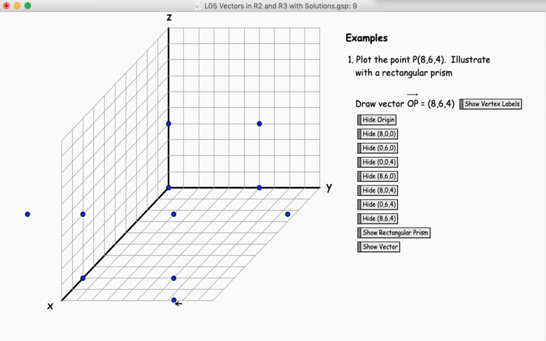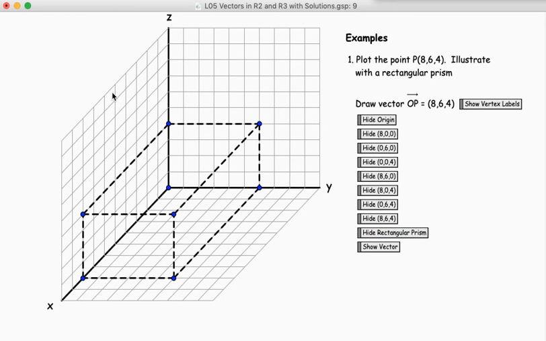Let's delete that. And that was our point 8, 6, 4. To show the rectangular prism, you just draw all of the line segments. So I'm just going to show you that. There's the rectangular prism connecting the points.